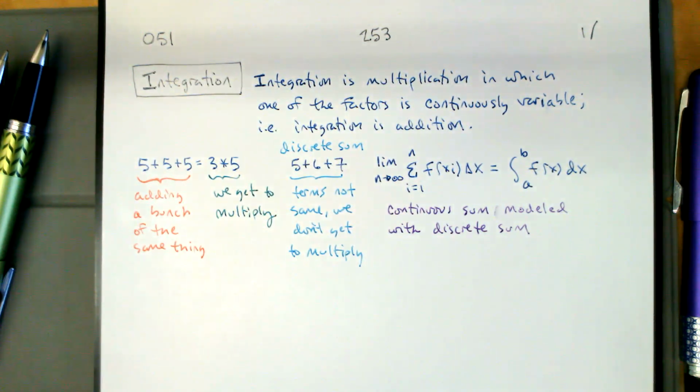So for example, when I go to add up all the points that everybody has, it's not going to be the same, so I don't get to use multiplication, but it's not going to be continuously variable. Each individual has a certain number of points. So there's just going to be 19 terms in that sum for the total class points.